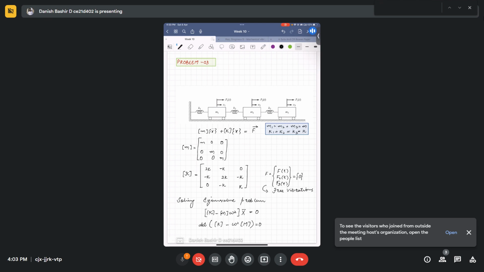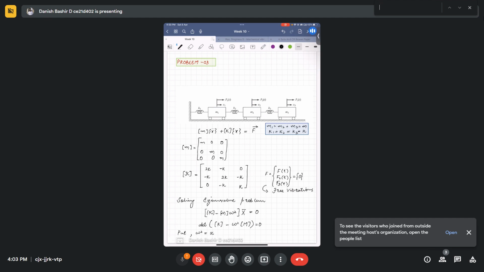One more thing we will be doing, we will put omega square is equal to alpha. We will have a little bit of ease while doing computations, because otherwise we will get the power of omega to be sixth power, and then we will wonder how we will solve a sixth power polynomial.